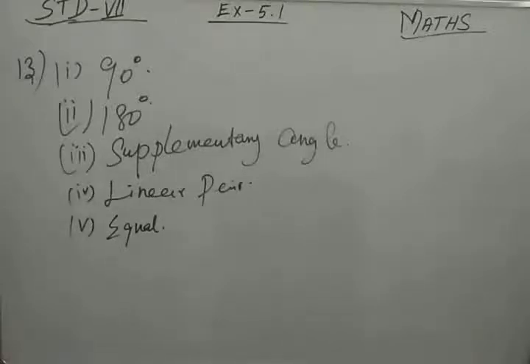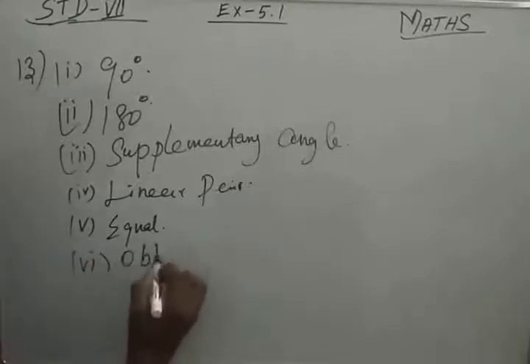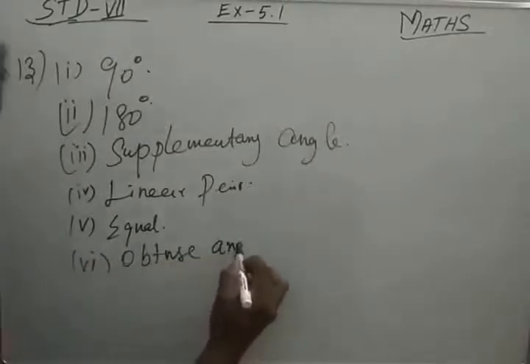For a linear pair, you know that one acute angle should be there and one obtuse angle should be there. Otherwise, both angles should be right angles only. We can get the linear pair. They are saying there is only one acute angle there, then the other pair of opposite angles is called obtuse angles.